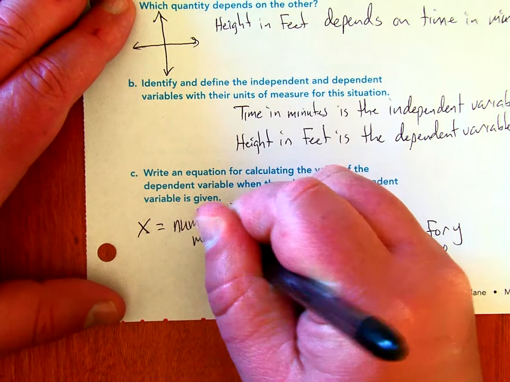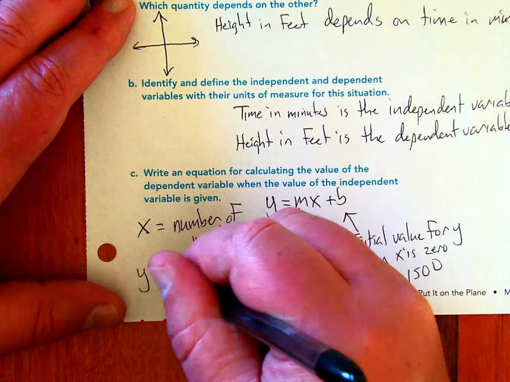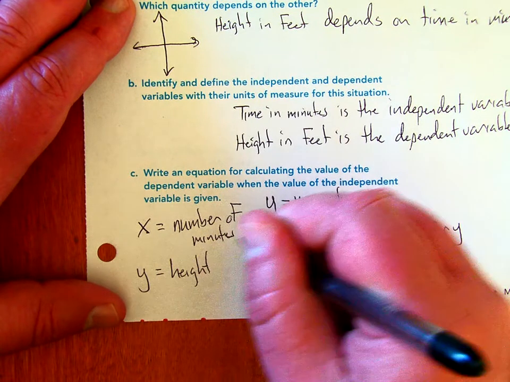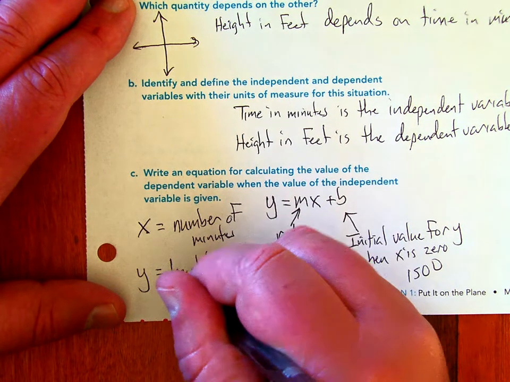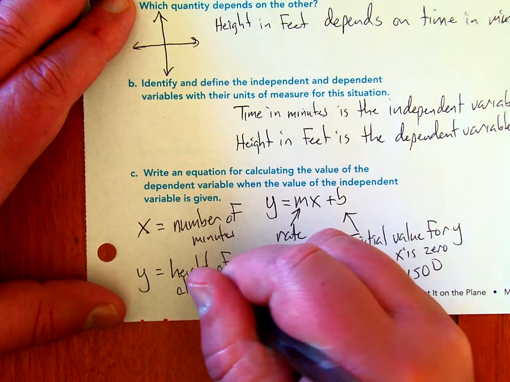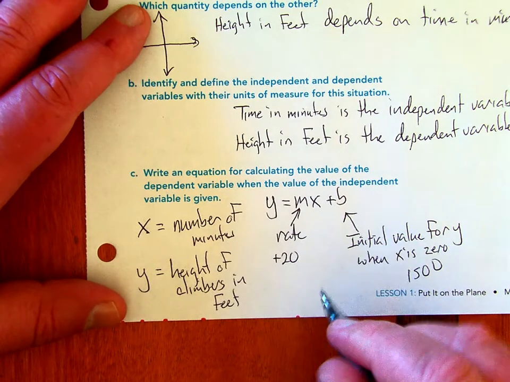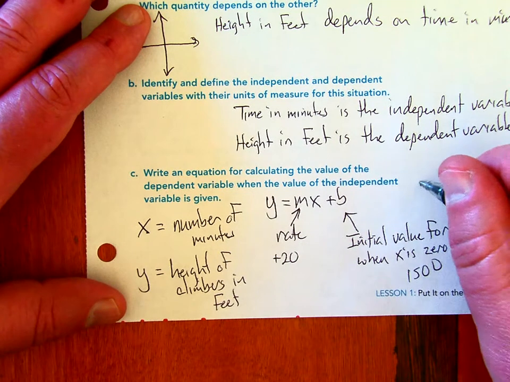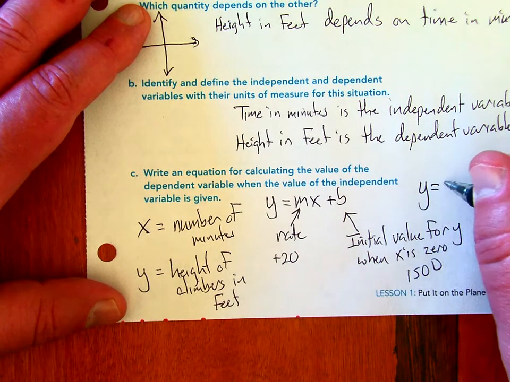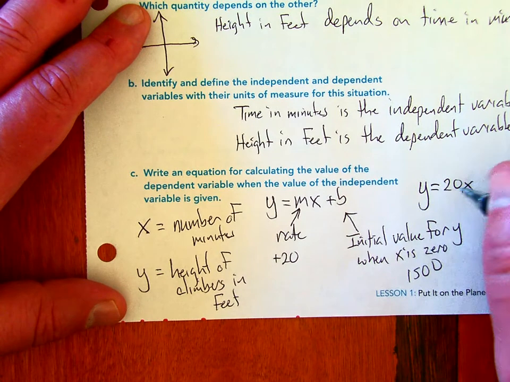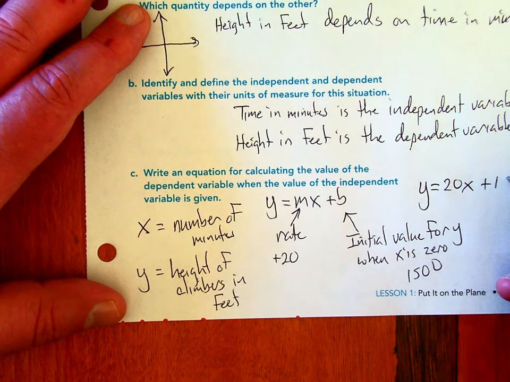Y is height of climbers in feet. So my equation, their height is 20 feet per minute plus the 1,500 feet when I arrived.